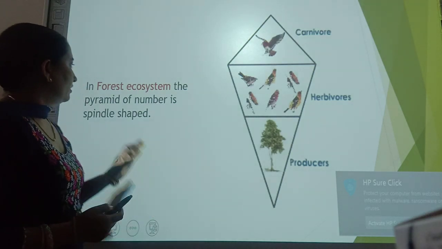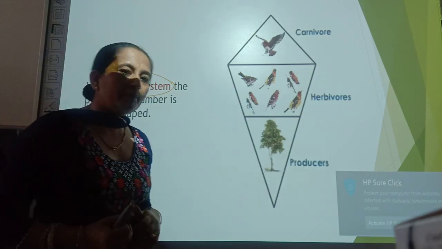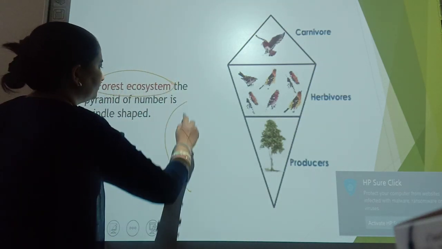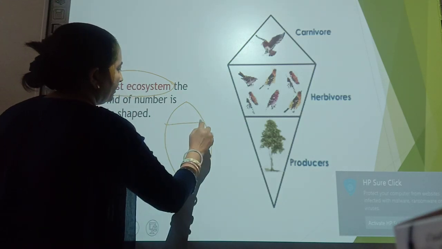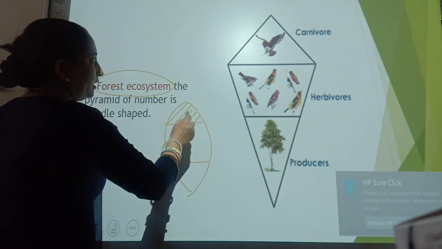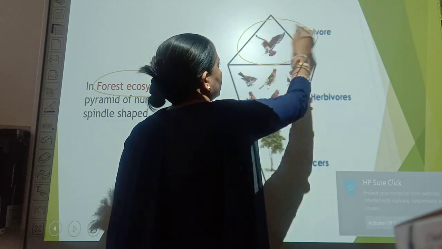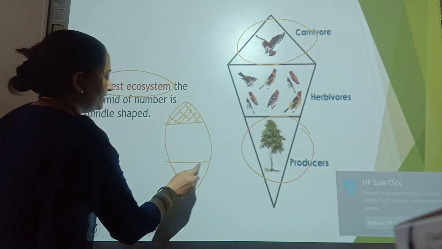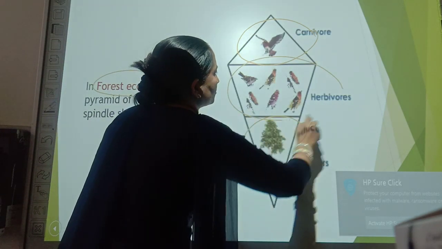In the forest ecosystem, the pyramid of number is spindle shaped. In this type of shape, carnivores are less in number and producers are also less in number than the herbivores.